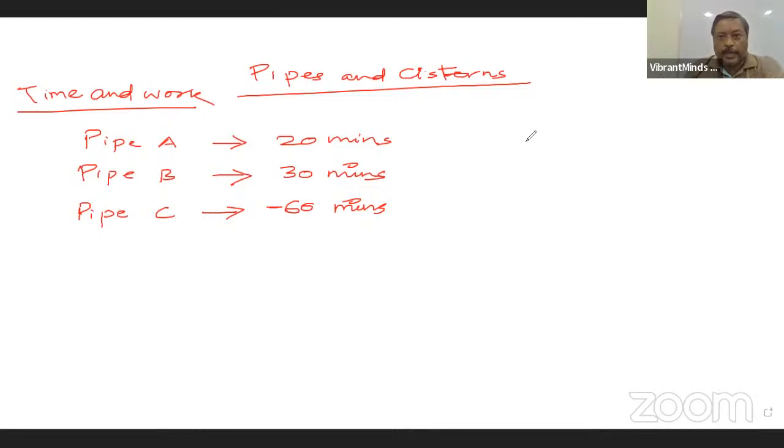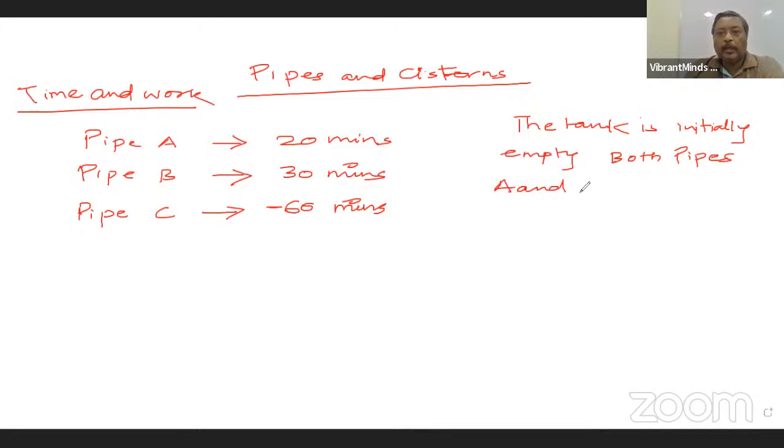Now the question says the tank is initially empty. Both pipes A and B are opened.